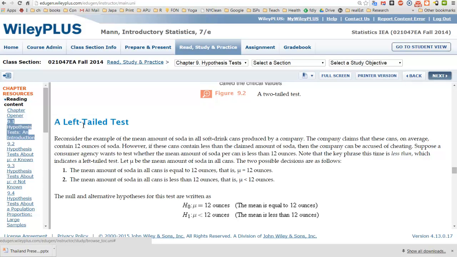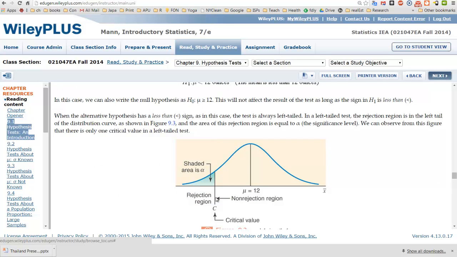Just going on for a second, if it was a left-tailed test, we talked about this example, we would only have one side where we would reject. We wouldn't reject when things are up here. If you read this example, you should understand why we wouldn't reject if things are up here.